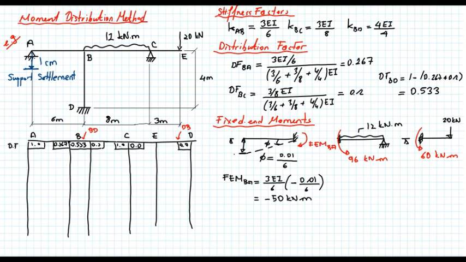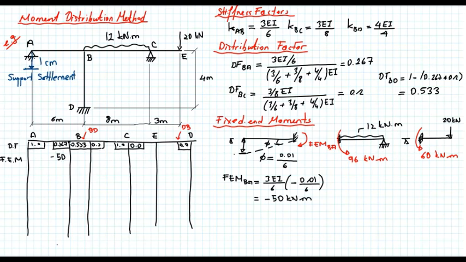So let's write the fixed end moments. Sorry, it's very difficult to write with this thing. So FEM, fixed end moment. So the fixed end moment BA is minus 50.